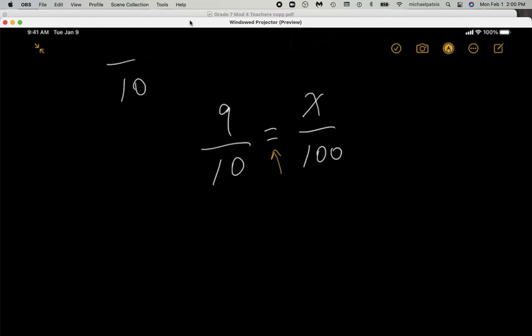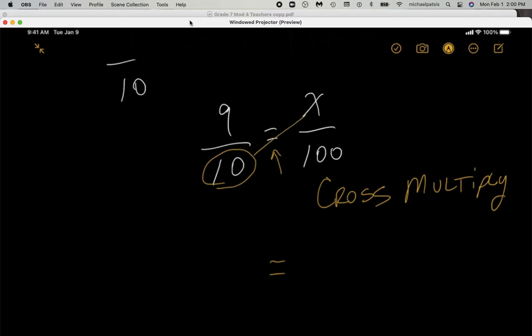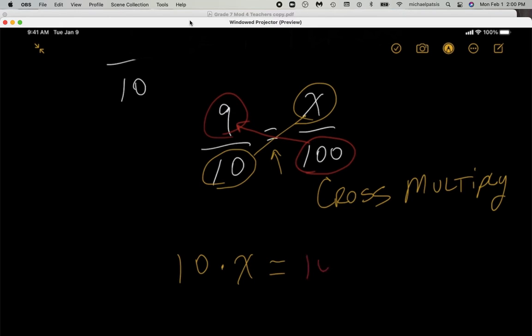The first thing we do when we cross multiply is we put the equal sign down. The next thing we do is we take this and we multiply it by that. So 10 times x. Then we take this and we multiply it by this. So we have 100 times 9.